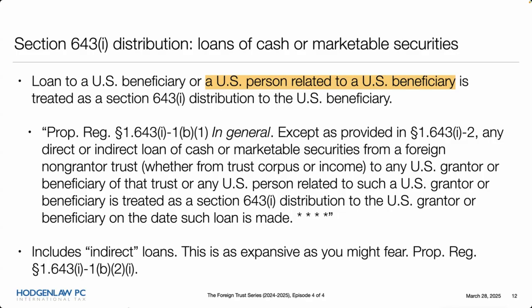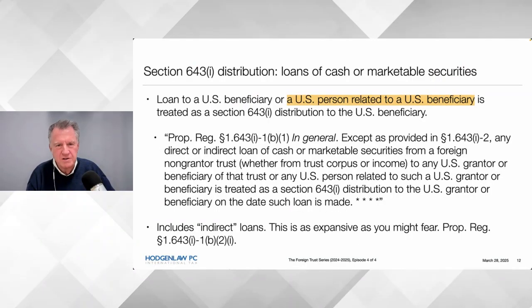And there's also a clause in the proposed regulations that says when an indirect loan is treated as if it's a loan to the beneficiary. And that's kind of as broad and sweeping as you might fear it would be. So you have to look for indirect loans.